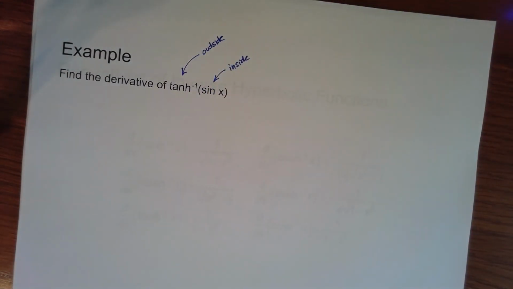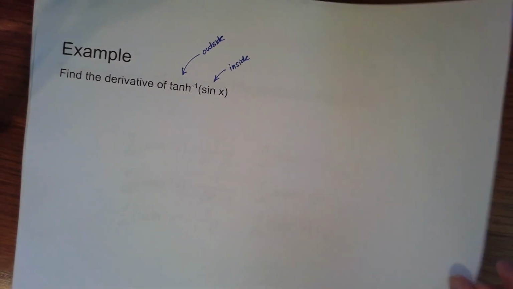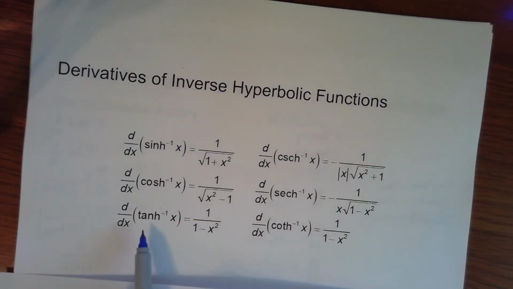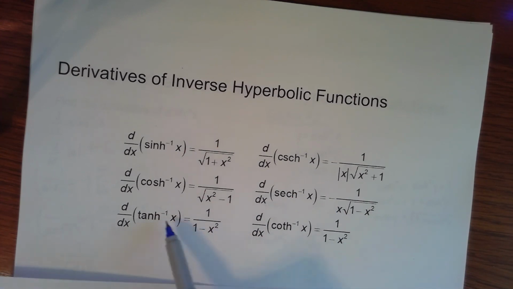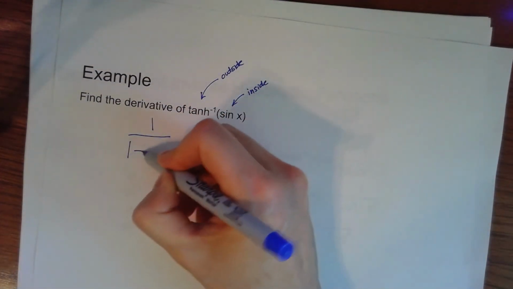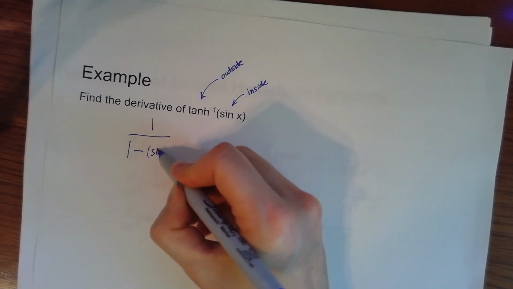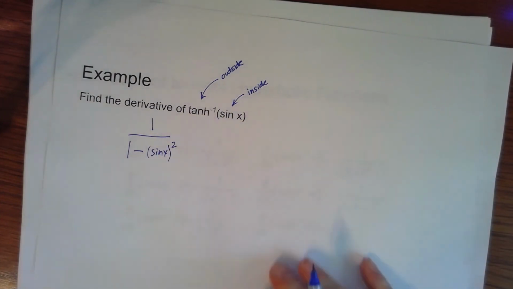Okay, and so when I do this, I have to start with the outside. So the derivative of inverse hyperbolic tangent is 1 over 1 minus whatever the argument to the inverse hyperbolic tangent is. So I'm going to do 1 over 1 minus, and then the argument, sine of x squared.